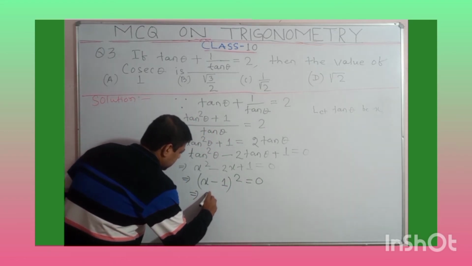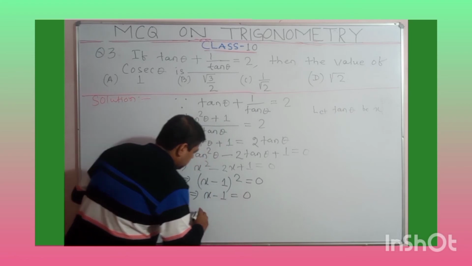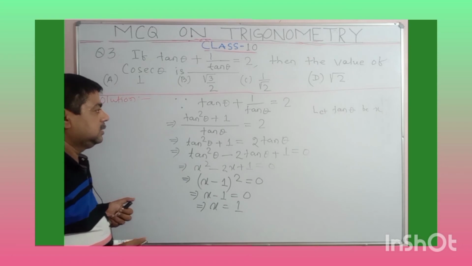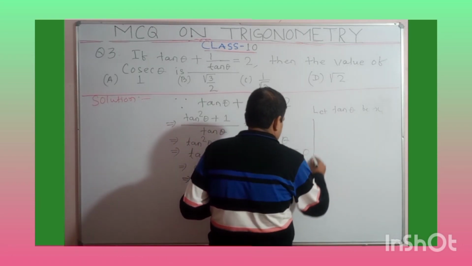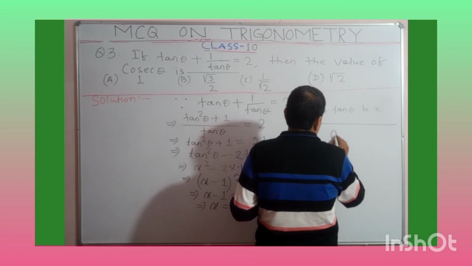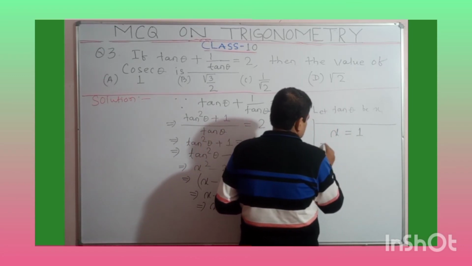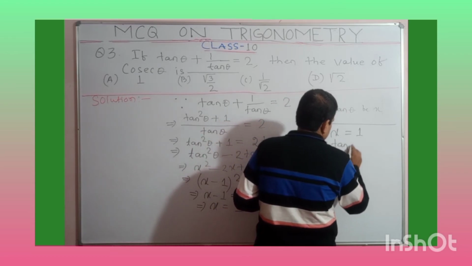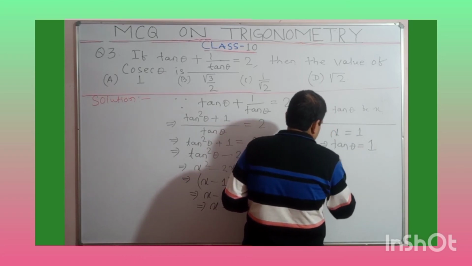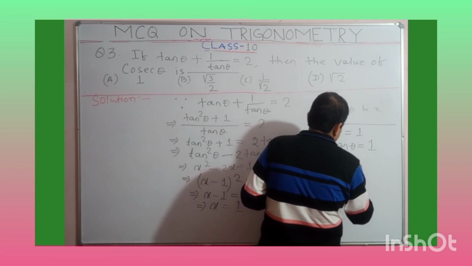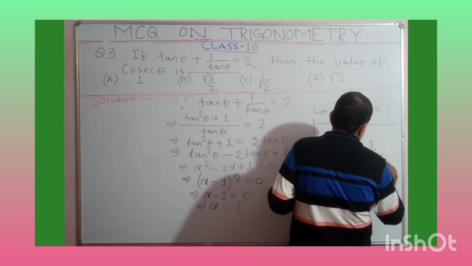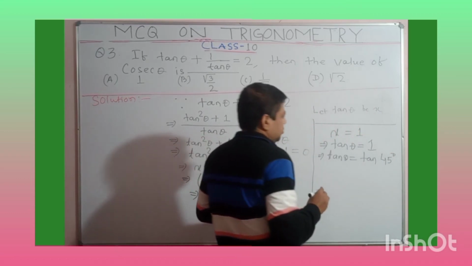That implies x minus 1 is equal to 0, so x is equal to 1. Here you have taken tan theta as x, so in place of x we can write tan theta. Now x is equal to 1. Yes or no? That implies tan theta is equal to 1. And in place of 1, we can write tan what? 45 degrees. Tan 45 degrees.